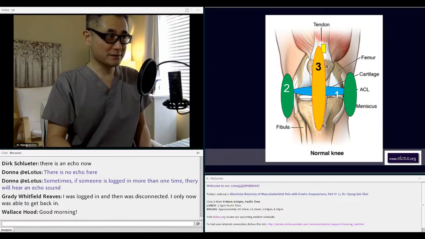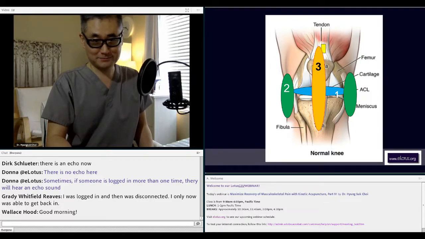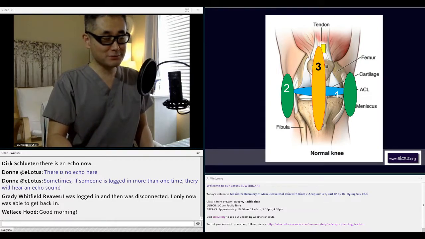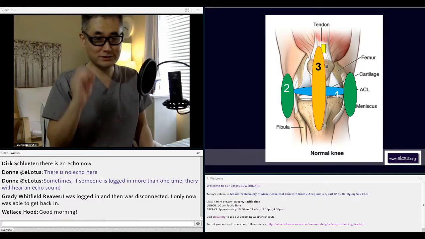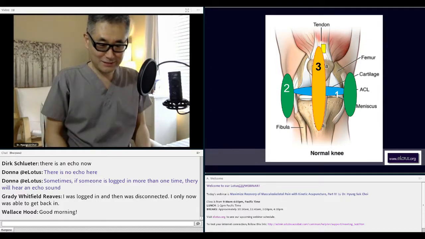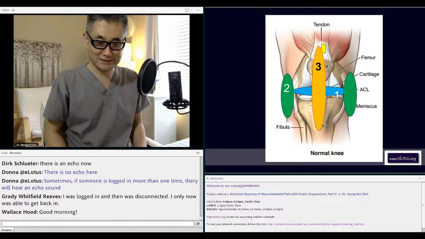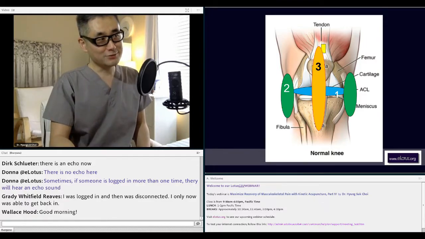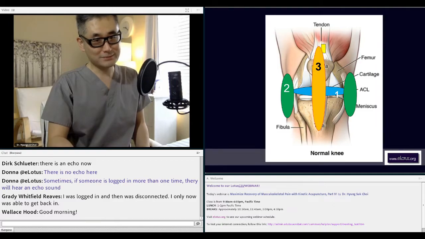And the number three region is the structures around the patella. So the patella bone, above the patella, there are the quadriceps muscles. Quadriceps muscles, the muscles you can knead while you do massage while you are sitting. The quadriceps muscle is connected all the way down to the tibia.